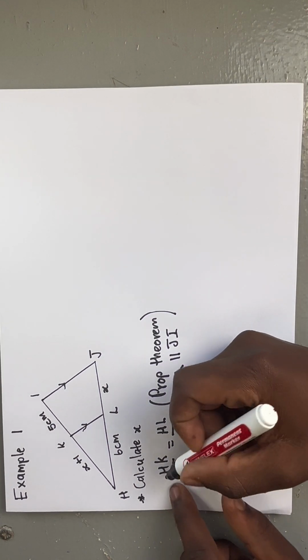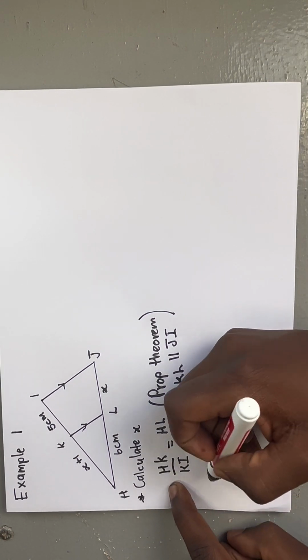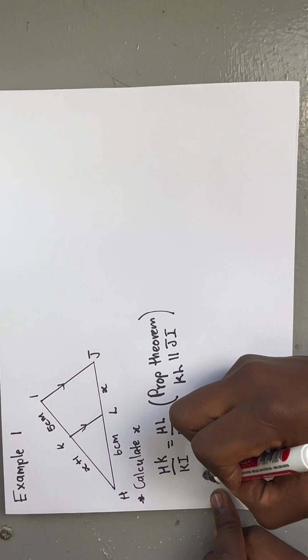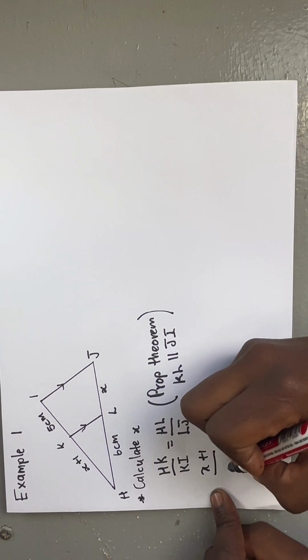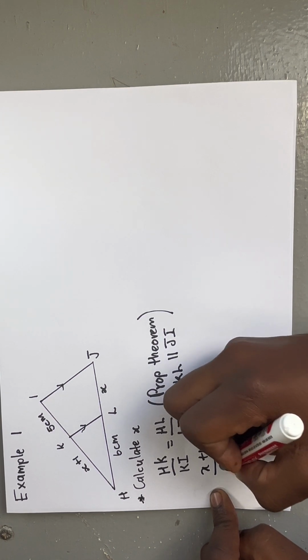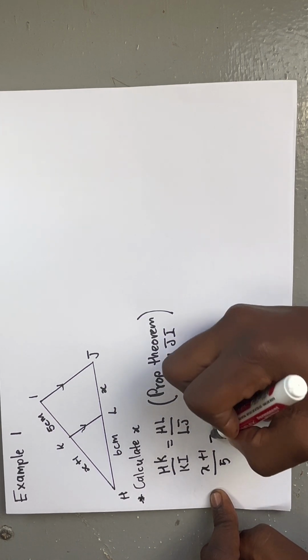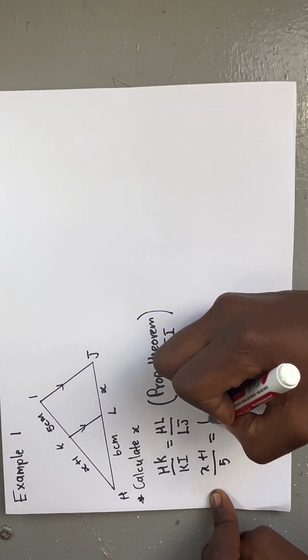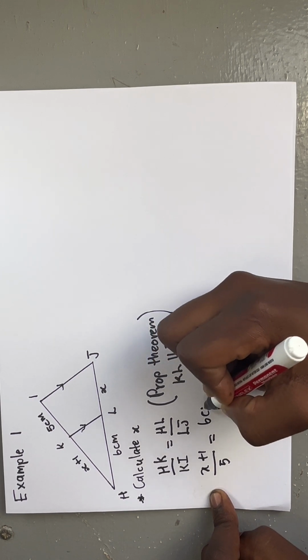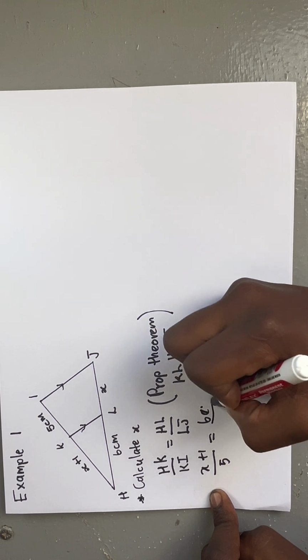So now this is going to be your reason for this. Which means we are going to go back and say, what is the representation of HK? Your HK is given by x plus 1 over your KI, it's 5 centimeter, which is going to be close to your 6 centimeter over your x. You don't have to write the centimeter as yet.